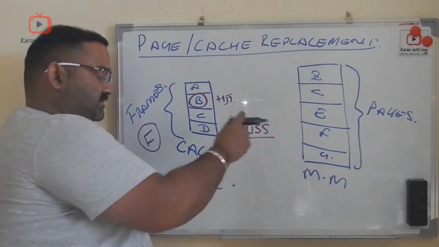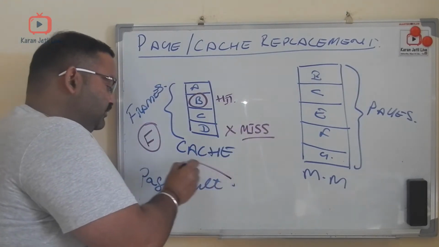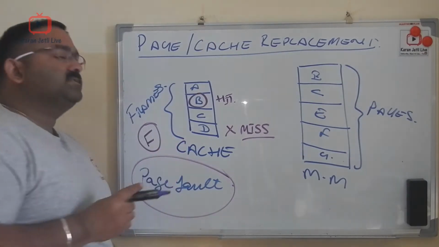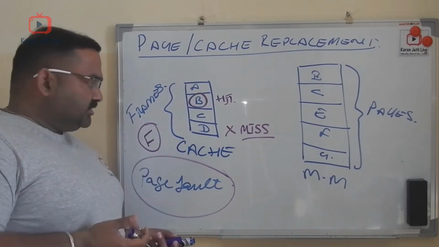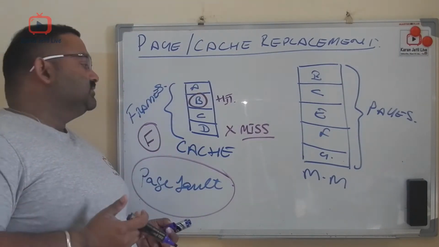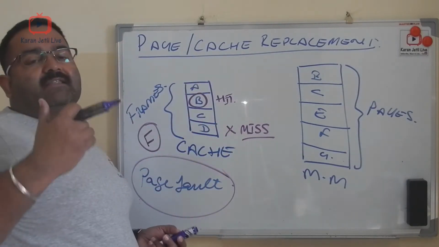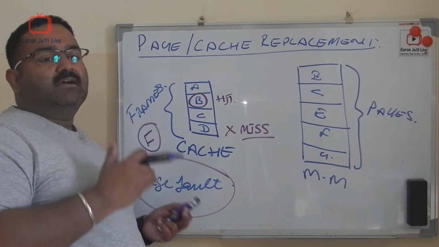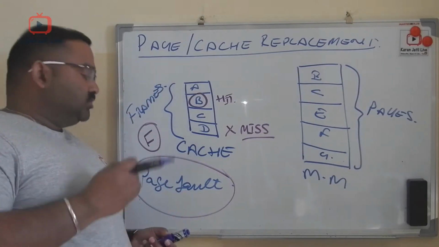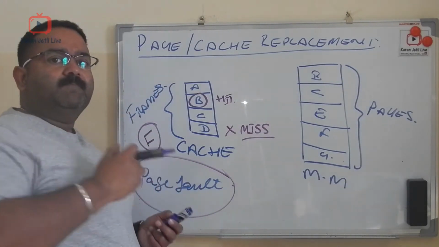Whenever there is a miss, the situation which comes is called page fault. What is page fault? The CPU needs some page, it checked the cache and that page is not in the cache, so we call it a page fault.